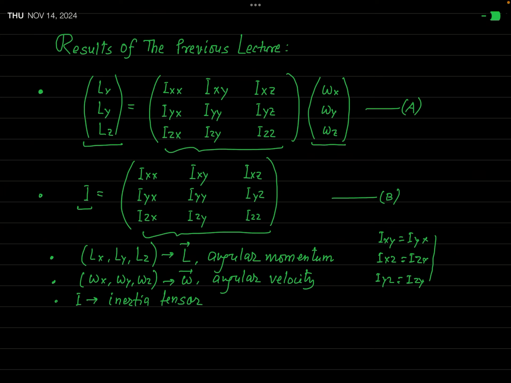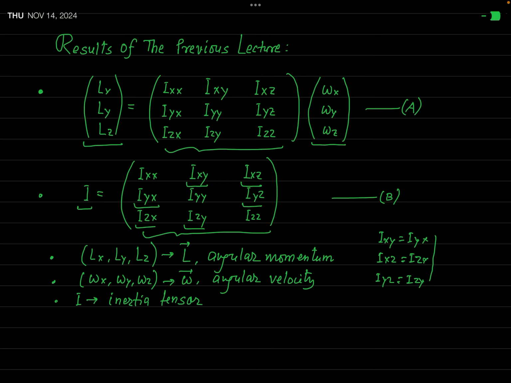And what is that advantage? The advantage is we can choose a certain system of body axes with respect to which the off-diagonal elements of this inertia tensor will disappear, will be zero. These off-diagonal elements are Ixy, Ixz, Iyx, Iyz, Izx, Izy.